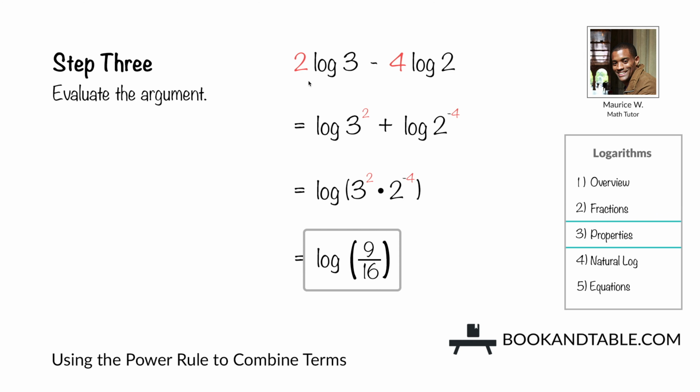So we see that 2 log of 3 minus 4 log of 2 can be combined to give us the log of 9 over 16. So that is how we go about using the power rule to combine terms.